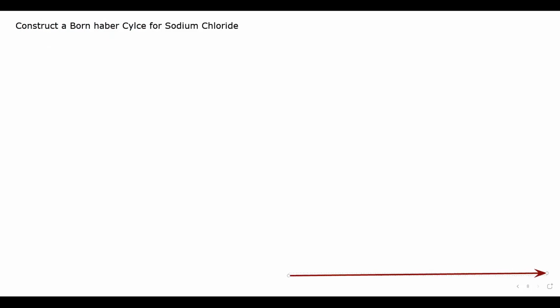So we have to construct a Born-Haber cycle for sodium chloride, which is NaCl.